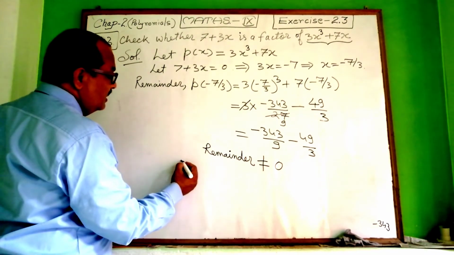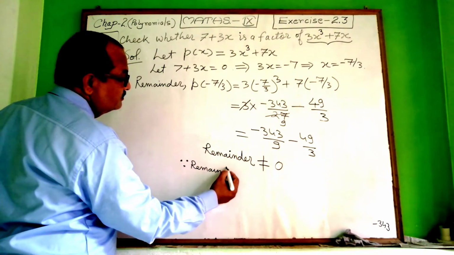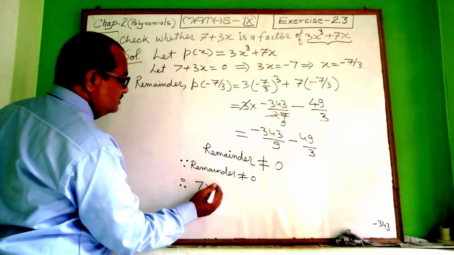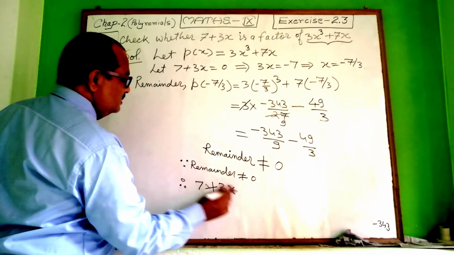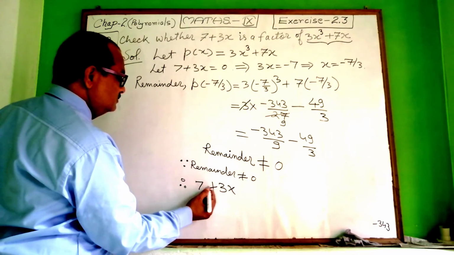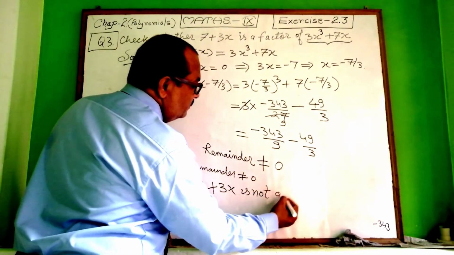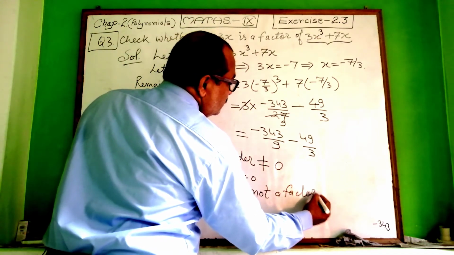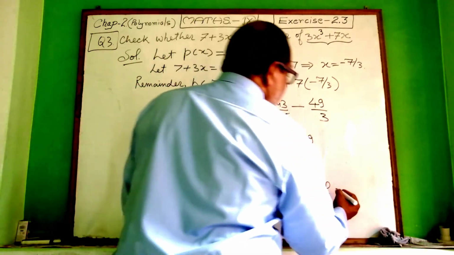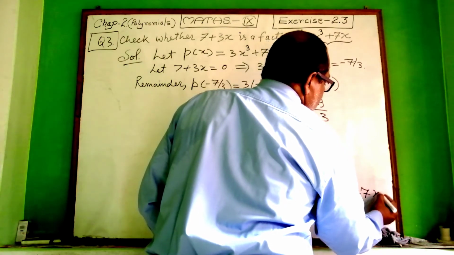So how will you write the answer: since remainder is not equal to 0, 7 plus 3x is not a factor of 3x cube plus 7x.